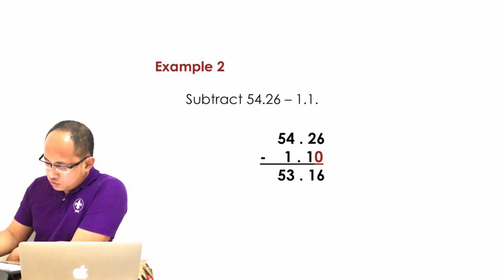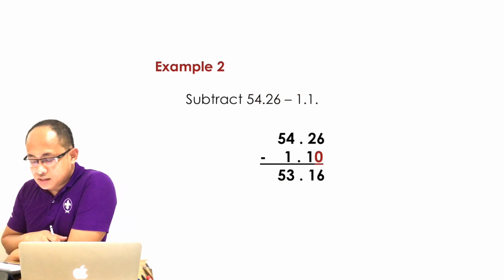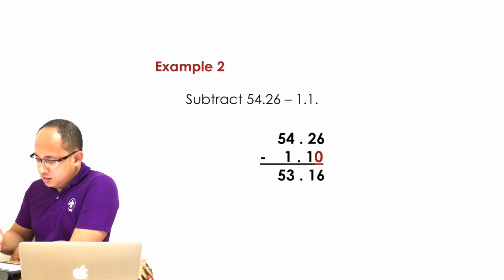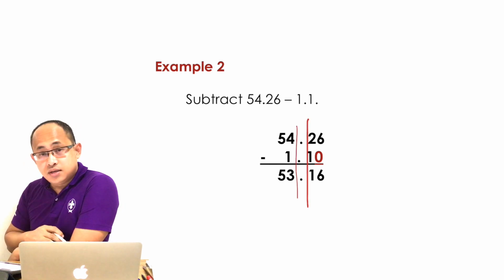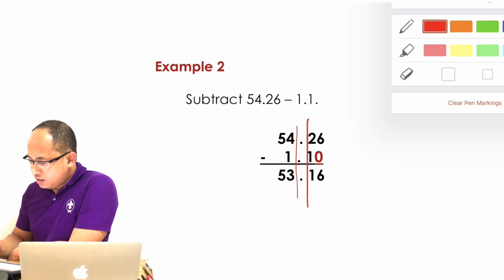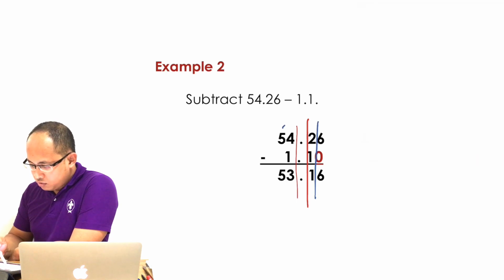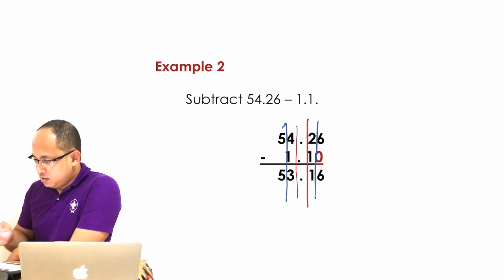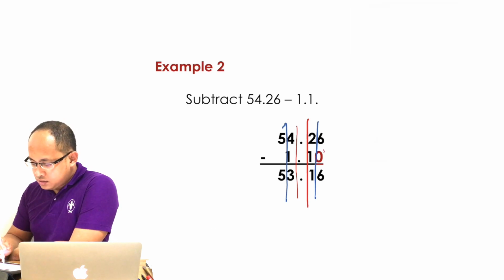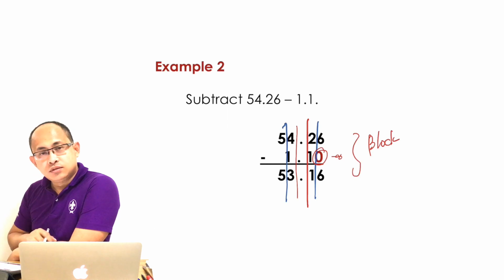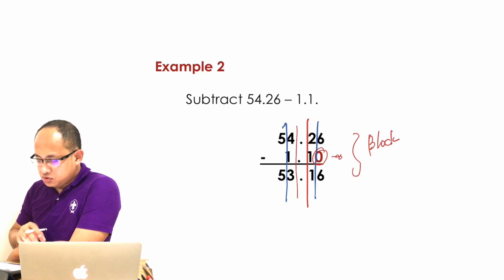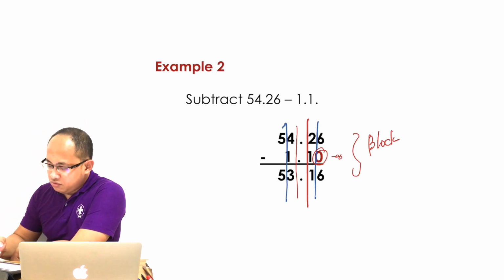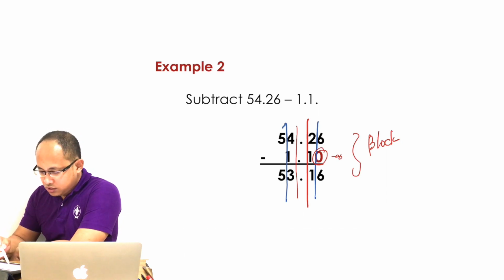Example 2, we have to subtract. We have 54.26 minus 1.1. Again, align your decimals. When our decimals are aligned, our values are aligned. Notice we add 0 here again because there is an empty space. Again, we block it by adding zeros. It means you complete it. Now, going to the right, notice there's an empty space on the left.